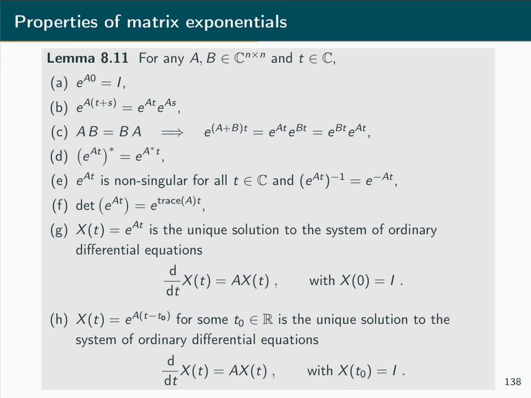And somewhat similarly, H, x of t being defined as e to the A times (t minus t naught) for any t naught in R is the unique solution to the system of ordinary differential equations d/dt x of t is equal to A times x of t, with x of t naught being equal to identity.